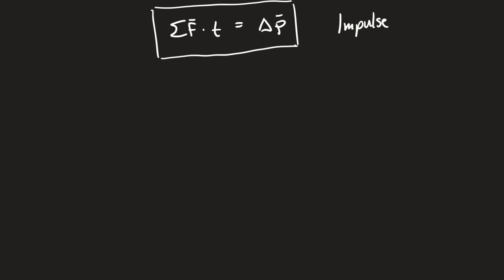Now, I want to divide this in half and make sure you understand that there is a cause and effect going on here. Because there's only one kind of momentum, it's not like we're transforming the energy from one type to another. When we do work, we're changing the type of energy the object has.